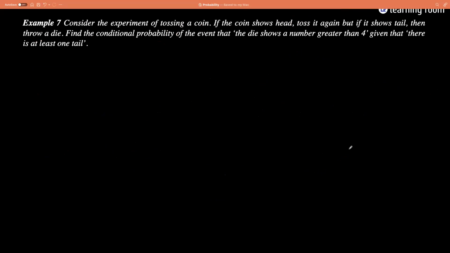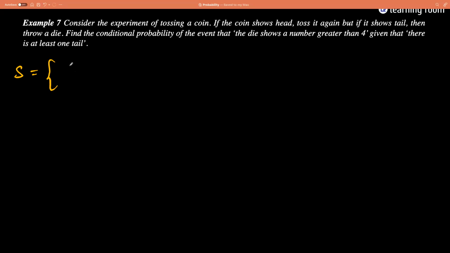Okay, so do this. Consider the experiment of tossing a coin. If the coin shows head, then toss it again. But if it shows tail, then throw a die. It's a good one. So a coin is tossed once.